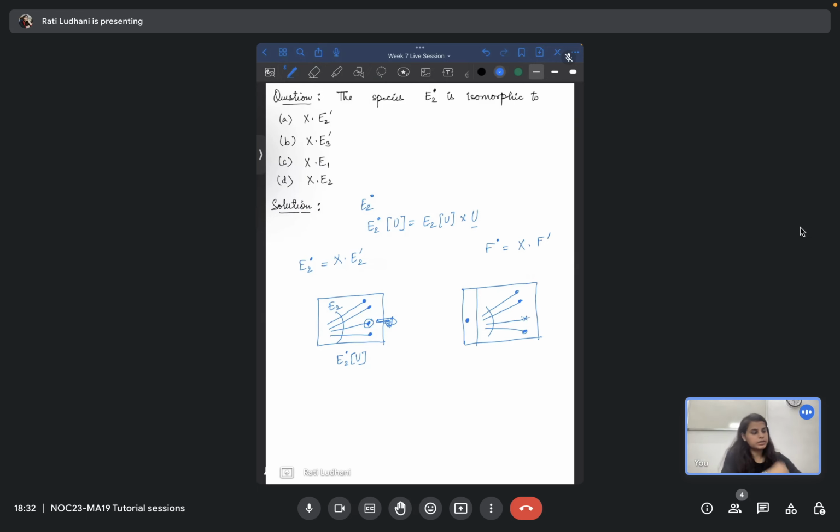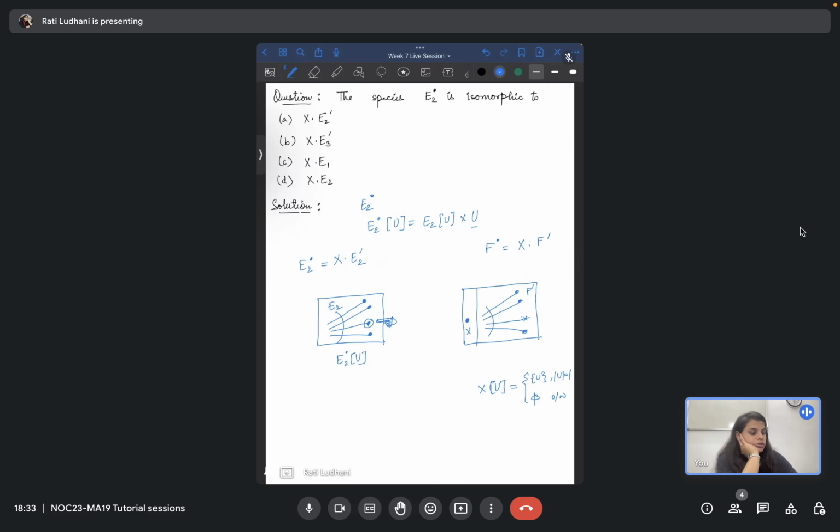Here you have X corresponding to the singletons, because when the cardinality of U is 1 you will get this structure, otherwise you'll get just empty. So X dot F dash.